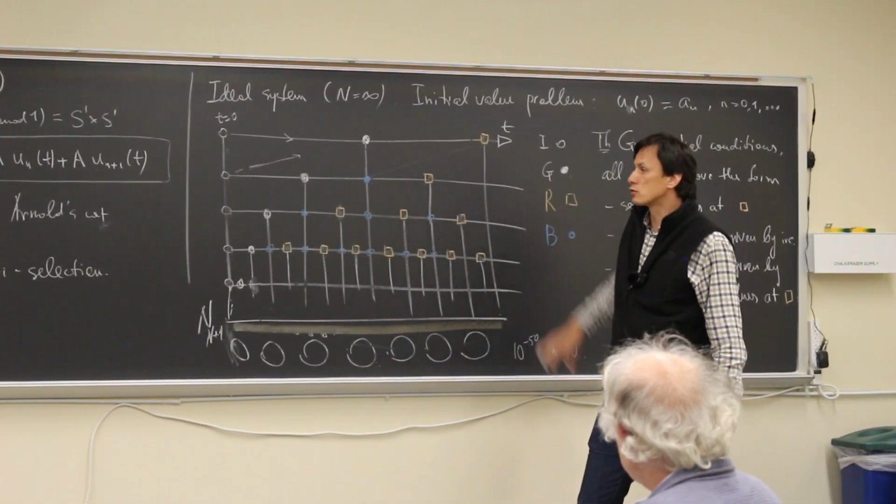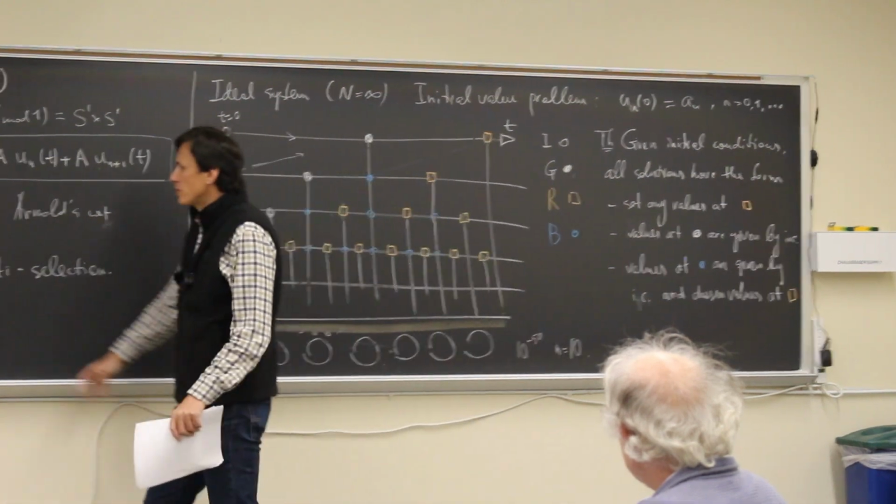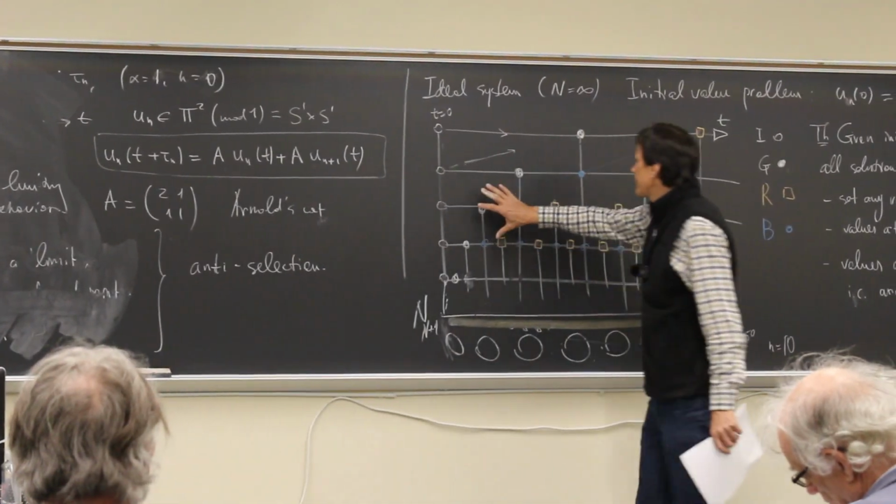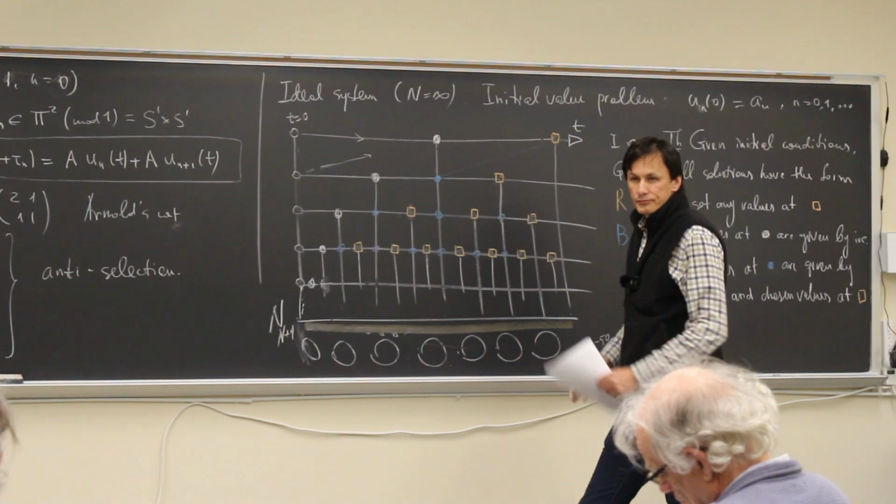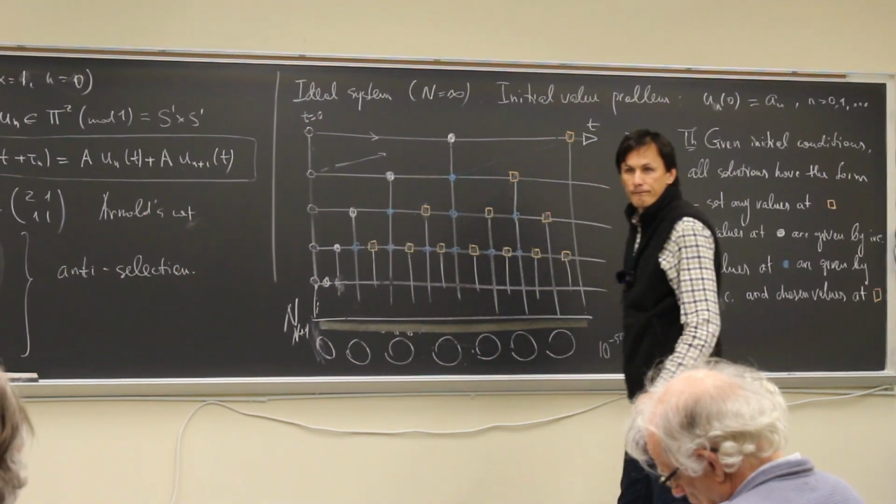But if the limit is a measure, then the dynamics that we select is a Markov process.